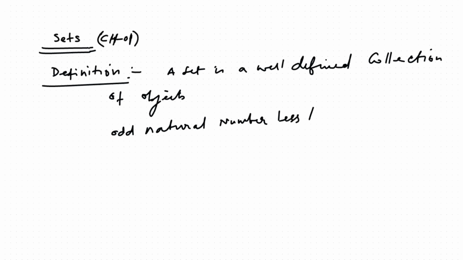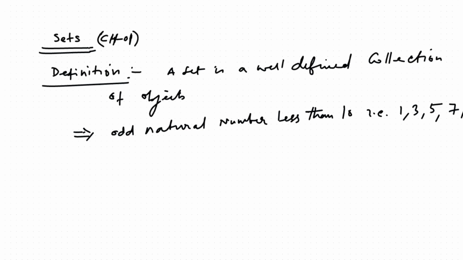All odd natural numbers less than 10 are 1, 3, 5, 7, 9. So we can say that this comes under the definition of a set because it is well defined.